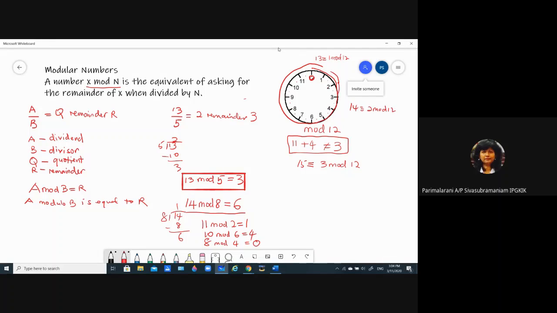The next number here is 15. 15 is congruent to 3 mod 12. After 15 is 16. 16 is congruent to 4 mod 12.